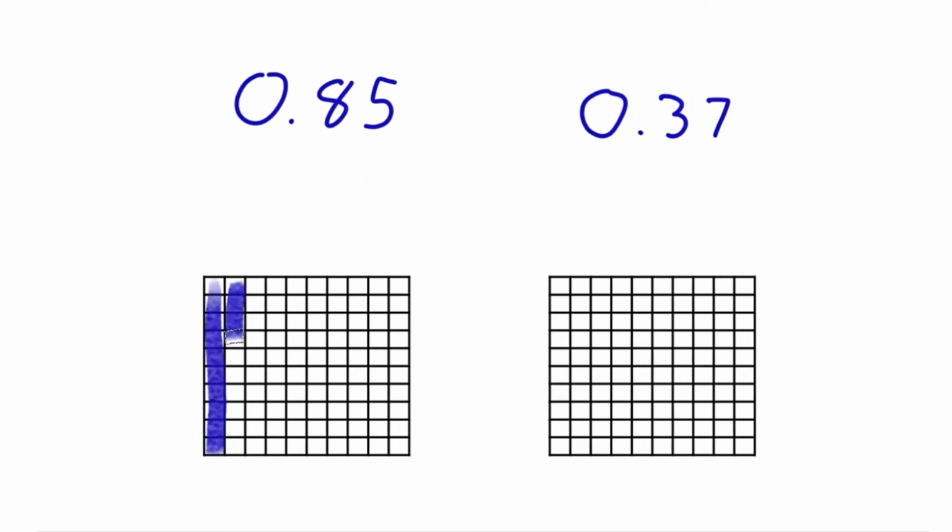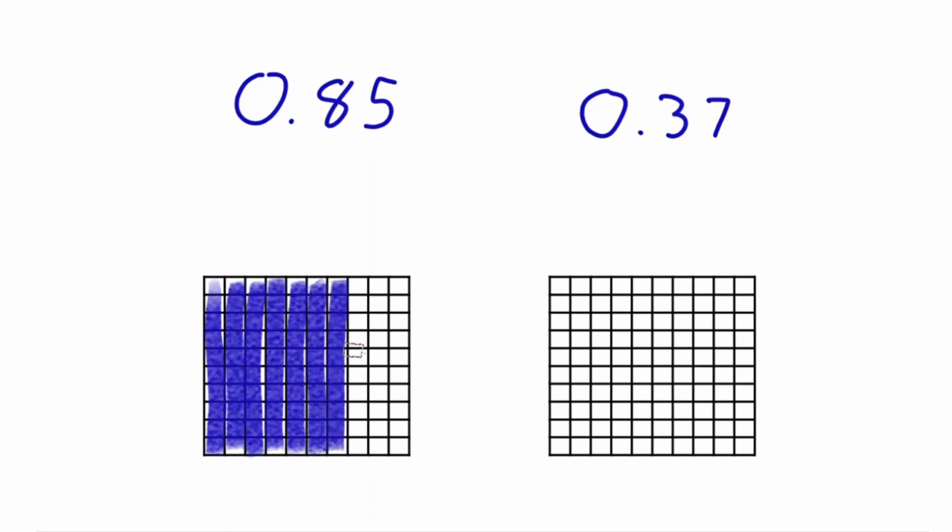So that's 1, 2, 3, 4, 5, 6, 7, 8. Now the 5 in the hundredths place, 1, 2, 3, 4, and 5. So all of this is filled up.